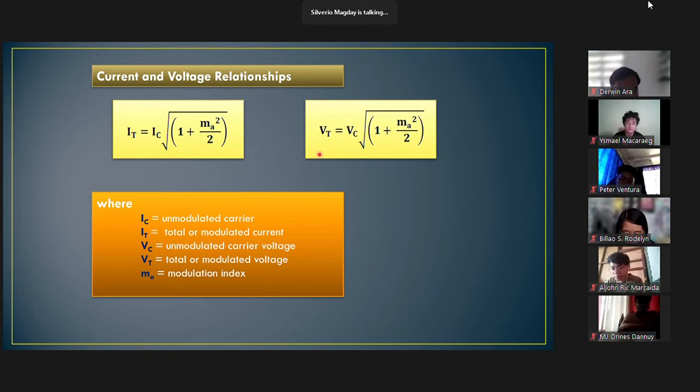The same for voltage: VC times the square root of 1 plus M squared over 2.